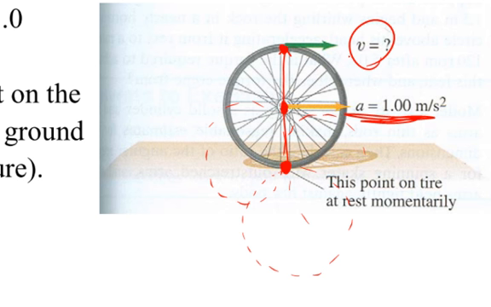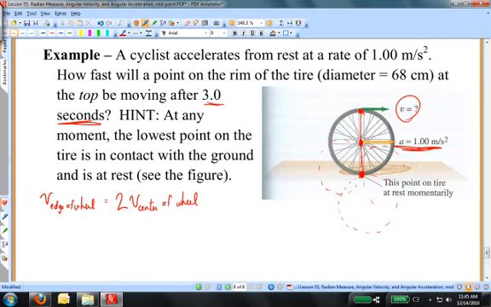If I could find out how fast the center of the tire is moving after 3 seconds in linear speed, then I'll know that the top is going to be moving twice that fast, because the top of the wheel is twice the distance away from the ground as the bottom of the wheel. So let's figure out from a linear equation of motion how fast the center of the wheel is moving after 3 seconds.